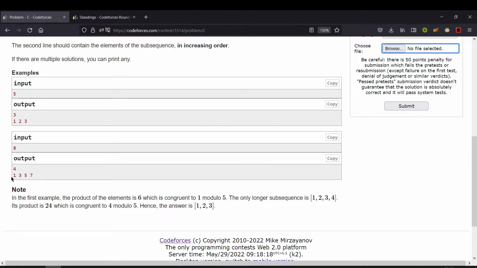Okay, what are they doing for 8? 1, 3, 5, 7, not 1357 but 3, 15, 7, 35, 105. 13 into 8 plus 1.